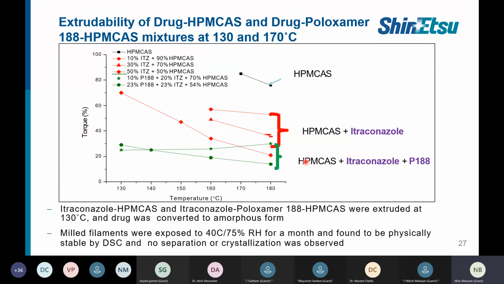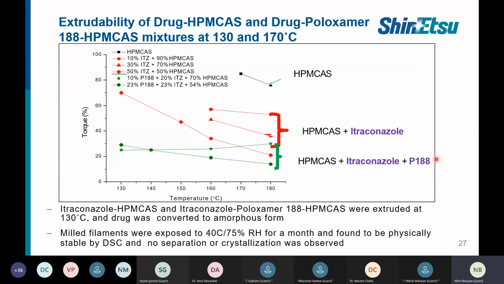So at lower torque, it is very easy to operate. You can run the process of the combination of HPMC AS, itraconazole and poloxamer even at a low temperature, around 130 up to 150 degrees Celsius, and convert the drug into a completely amorphous form, which was also shown in the previous slide.